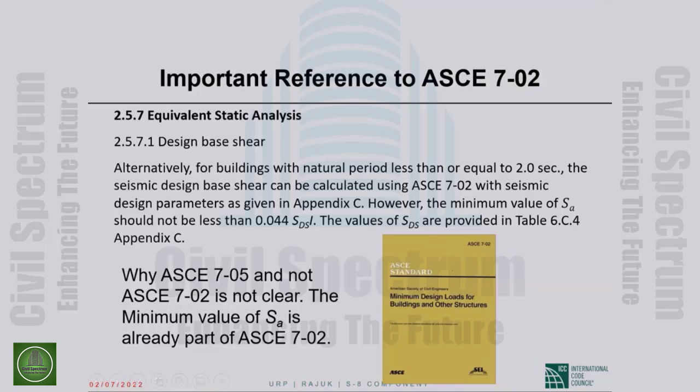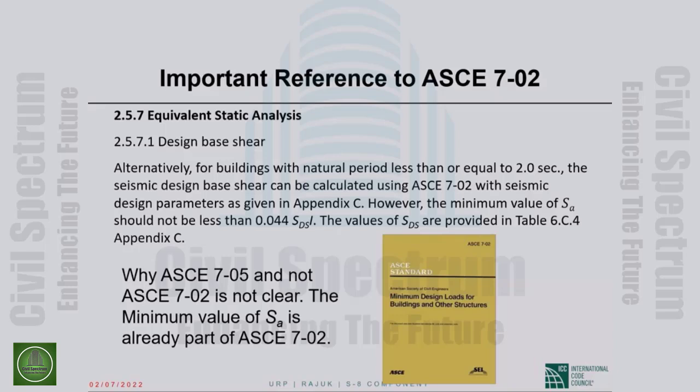It is not in ASCE 7-05. So this reference to ASCE 7-02 does not make a lot of sense. It probably was meant to be ASCE 7-05, and somehow got mixed up. It is my guess.